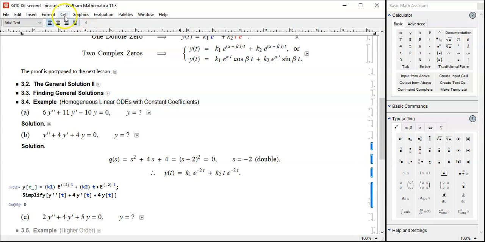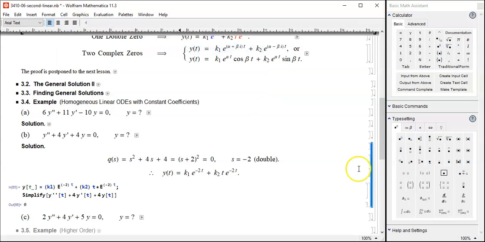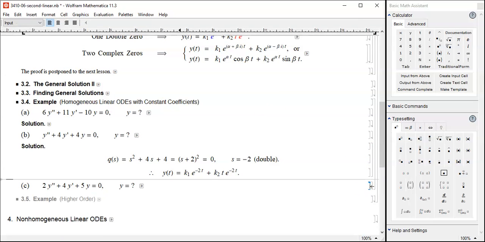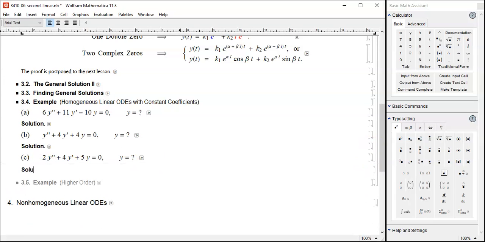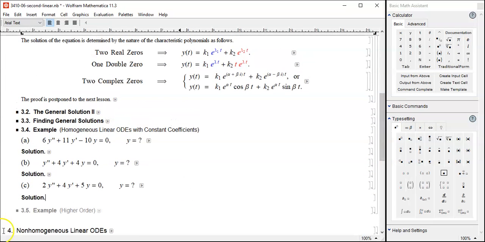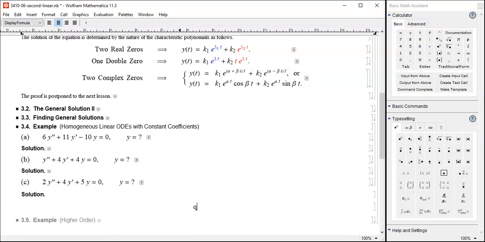Okay, all right. How about the third problem? Again, if you want to work it out, stop this playback and then work it out on your own. Basically, you're working on this quadratic polynomial, so it should not be too much of a problem. 2s squared plus 4s plus 5, and this is quadratic irreducible.